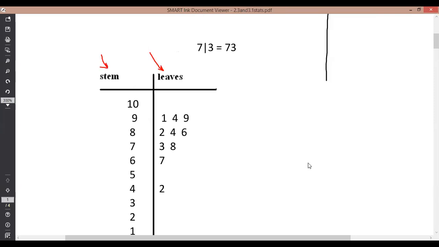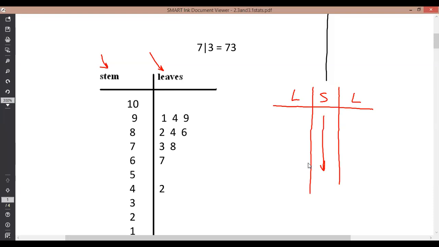Usually, for most of what you see, there's going to be one stem and one pair of leaves, but you also have something that's called a back-to-back stem plot that I refer to. I'm just going to abbreviate. Your stem's going to be in the middle. You'll have a set of leaves over here and a set of leaves over here, and I refer to it later on in the notes, but you have your stems going down here, and then it's like you're taking 2 different samples of data.